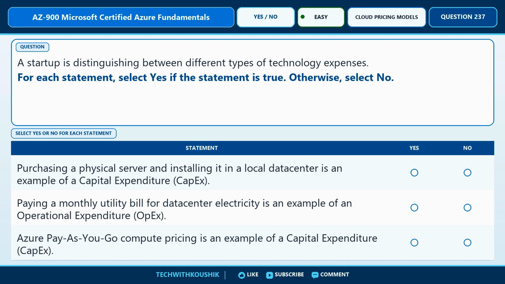Purchasing a physical server and installing it in a local data center is an example of a capital expenditure, CapEx. Now check statement 2. Paying a monthly utility bill for data center electricity is an example of an operational expenditure, OPEX. Now check statement 3. Azure pay-as-you-go compute pricing is an example of a capital expenditure, CapEx.